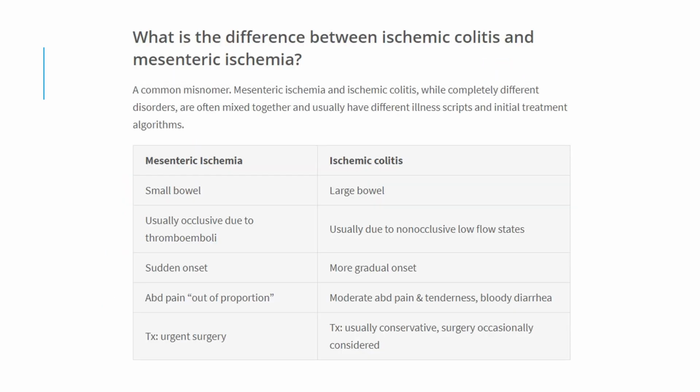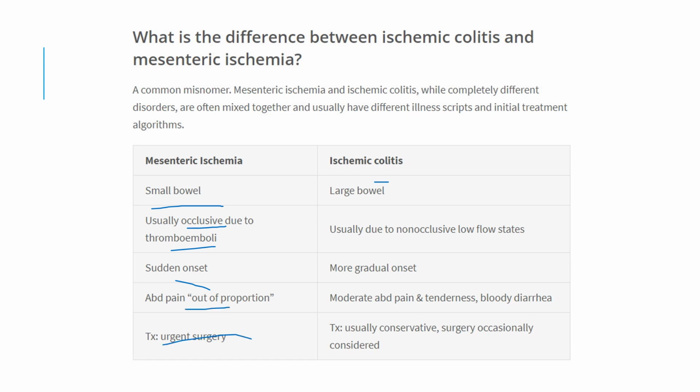So what is the difference between ischemic colitis and mesenteric ischemia? Those are two different entities, often mixed together, but they are different. Mesenteric ischemia usually affects the small bowel. The usual artery implicated is the superior mesenteric artery. It's usually occlusive due to a thromboembolic event. In a patient with a history of AF, it can be sudden onset and the pain is out of proportion. Treatment is urgent surgery.